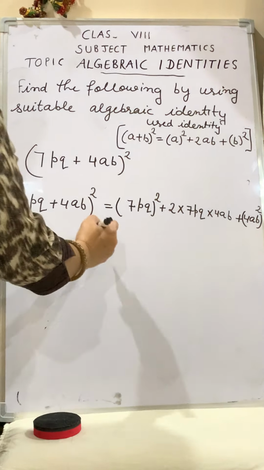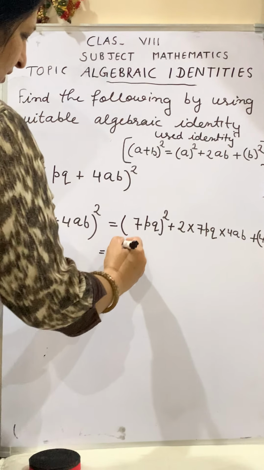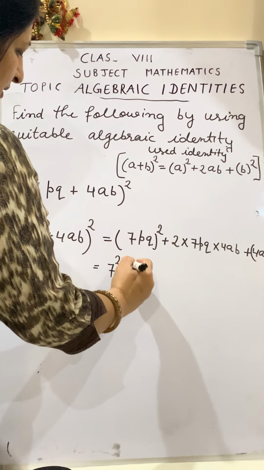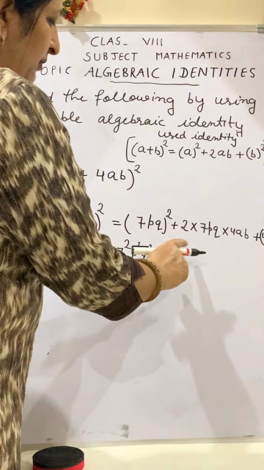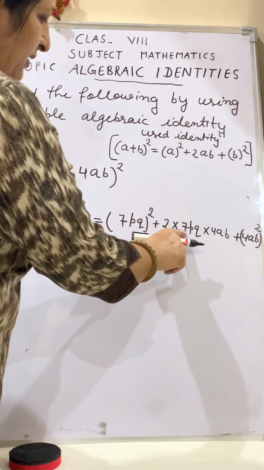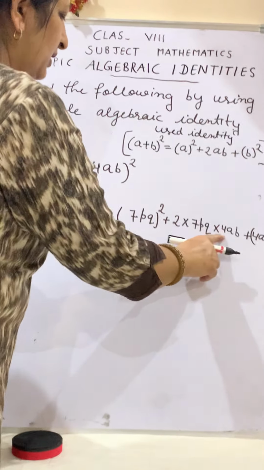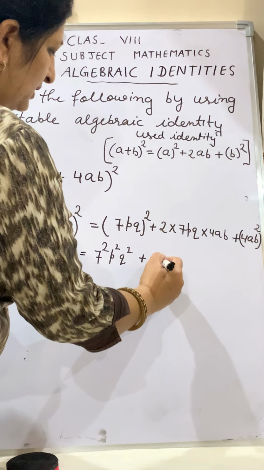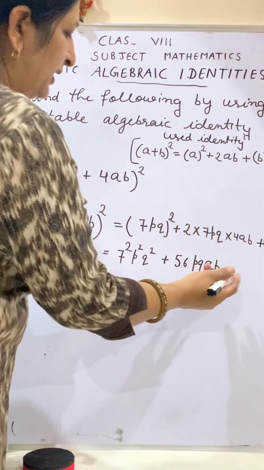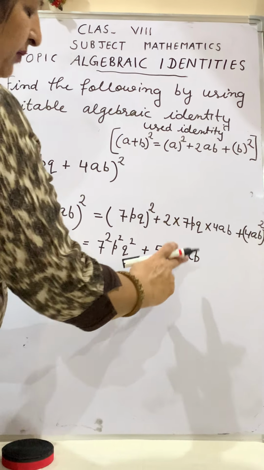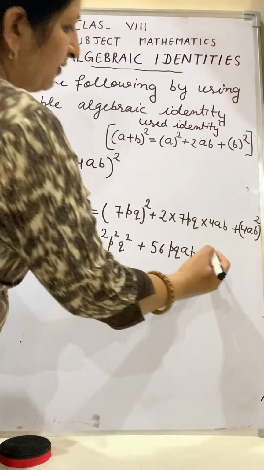Now we will solve. It is 7 square p square q square, plus, same, we multiply the constants: 2 7s are 14 and 14 4s are 56, pqab. You can write ab pq or pq ab, no difference.